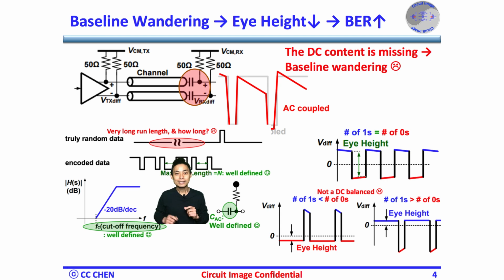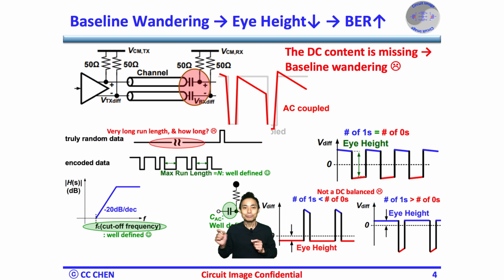So you should have a better image that encoding or decoding of the raw random data should bound the data transition and the lowest frequency of the data content, such that the minimum capacitor value could be bounded well in any protocol standard to mitigate the eye height degradation.